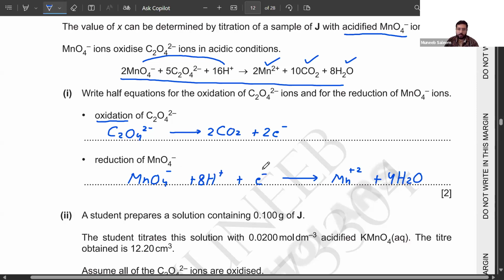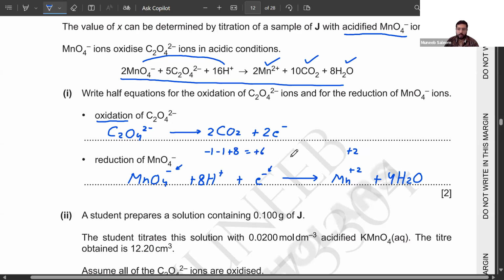Now check the charges. On the left side, the charges are minus 1 from here and plus 8. So it will give me plus 7, and on the right side it is plus 2, and 0 charge on the water. So it is not balanced.